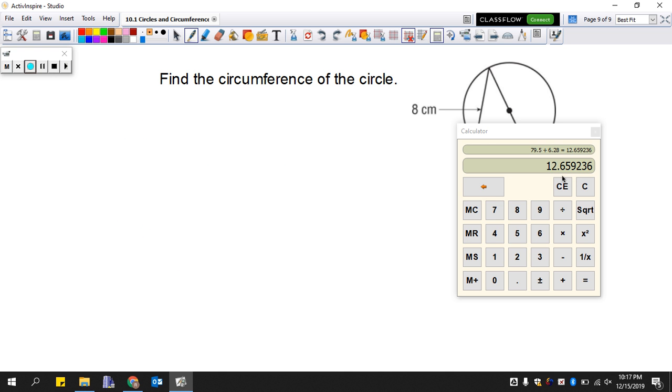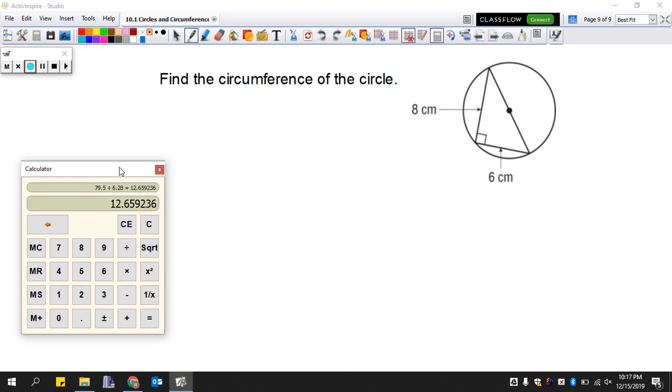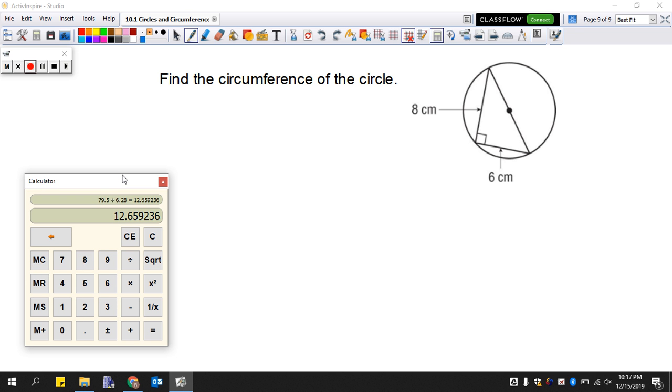The last thing it asks us to do is find the circumference of this circle. In this case, we have a triangle that's inscribed inside the circle. Remember, we have a diameter here. So circumference is equal to pi times the diameter. We don't know what this diameter is yet, but we know this is a right triangle.